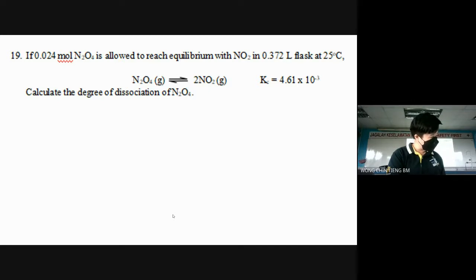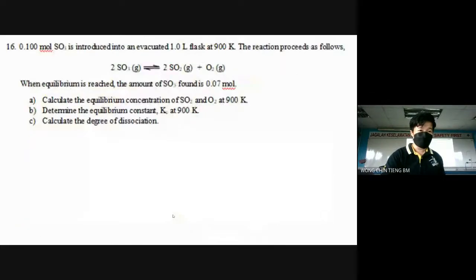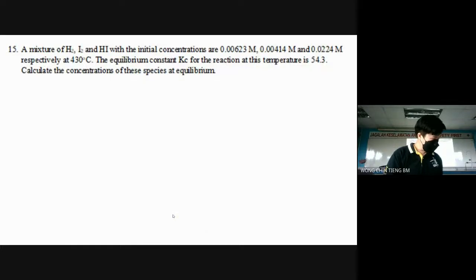Dia kalau tak tanya sama ada kamu boleh buat sebab kamu faham video saya, ataupun satu lagi, kamu tak tanya sebab kamu tak buat lagi. Dan saya tak nak bincang 19 sebab 19 senang. Lagi, saya nak bincang 15 kot. 15 sebab X dia, saya nak bincang 15.